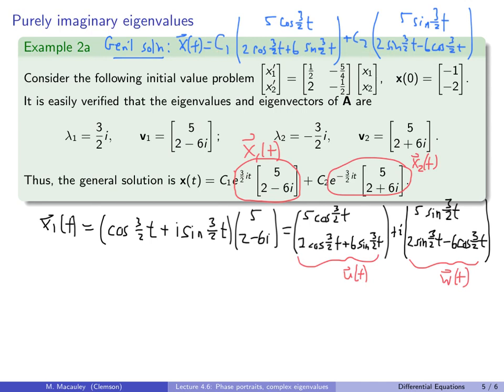So one thing to notice is that this is different from the previous example because there aren't any exponentials in there. Remember, the exponential e to the at came from the fact that we had lambda having a real part.